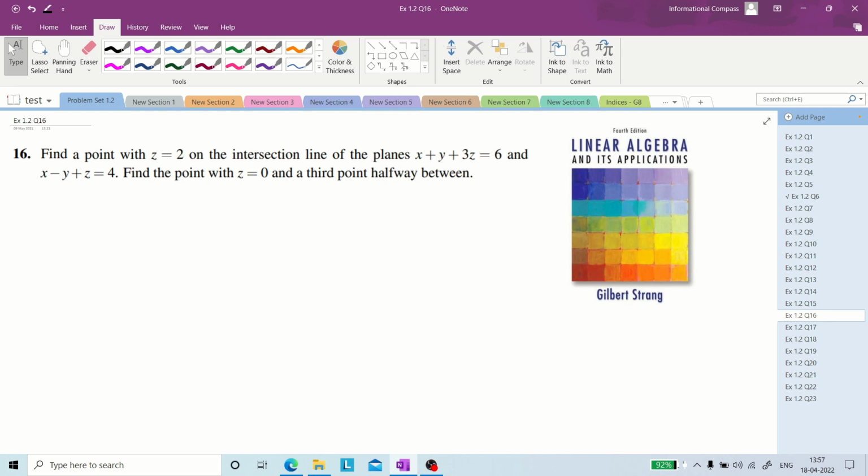I would request you to please solve it along with me, as it will boost your confidence. So by substituting z equal to 2 into these equations, we get the following.